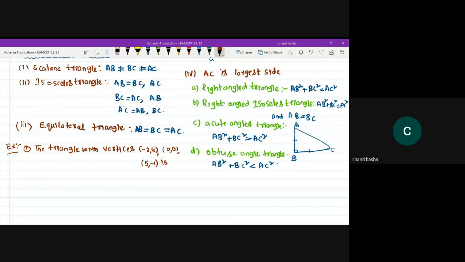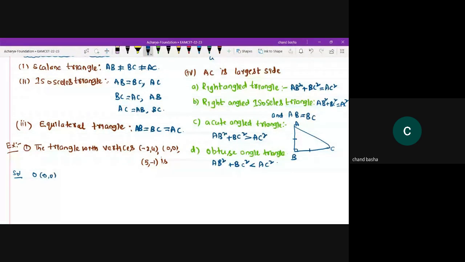Or O, the origin, is given, OAB, and then you can proceed. Origin is given to you, A is given to you, B is also there.